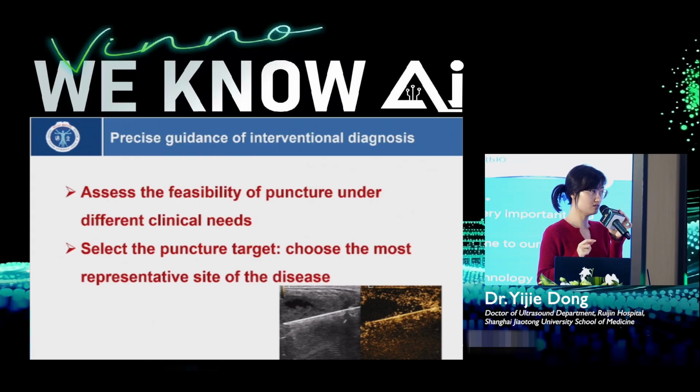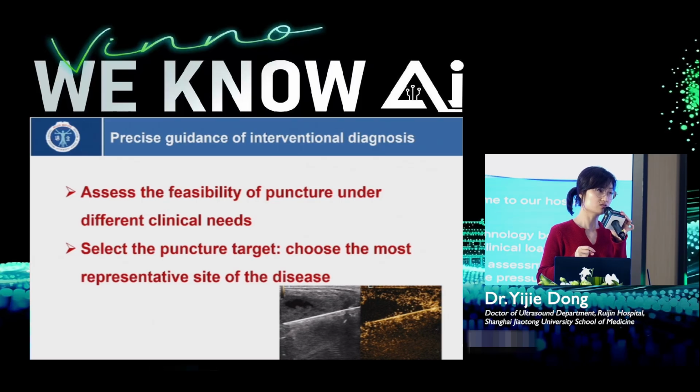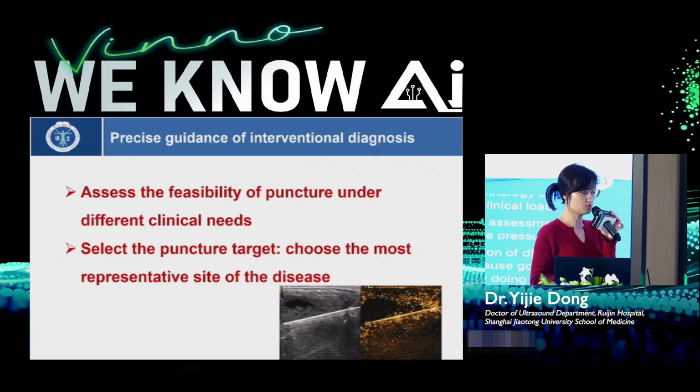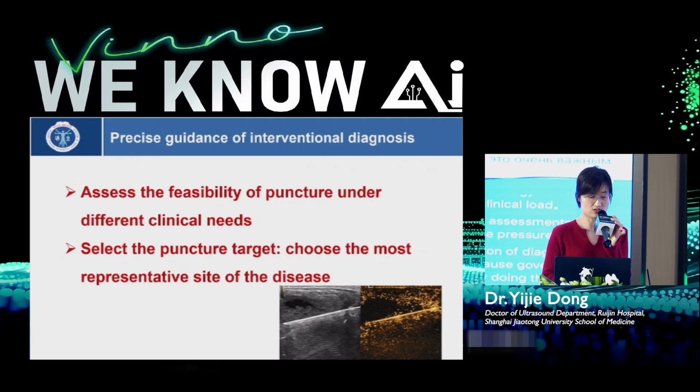We can provide more detailed information pre-operation, give the clinicians more information, and assess the feasibility of puncture under different clinical needs. I think this is very important. And we select the puncture targets, which means we should choose the most representative sites of each disease.